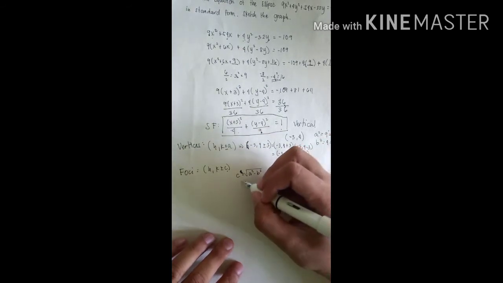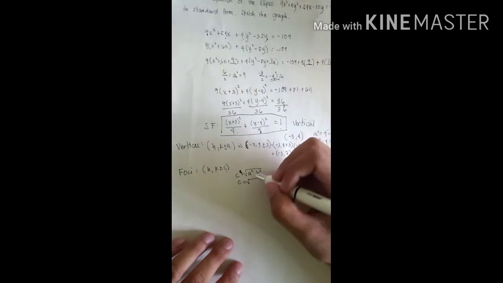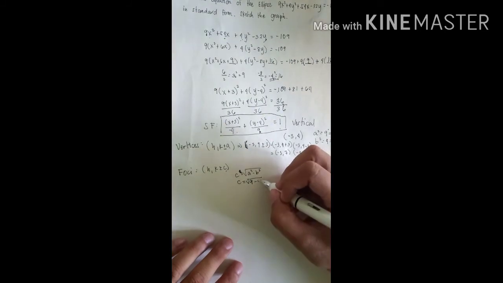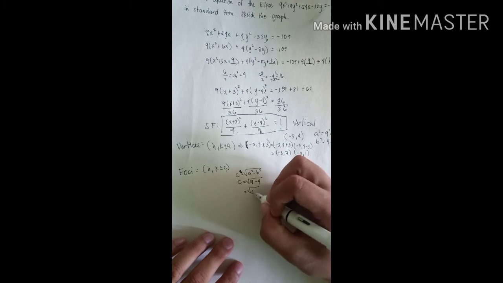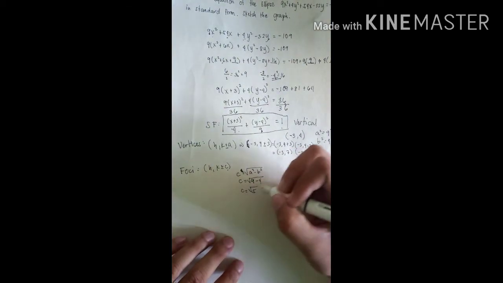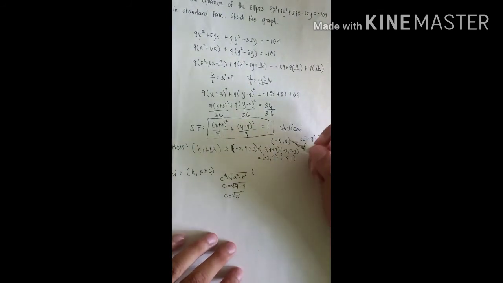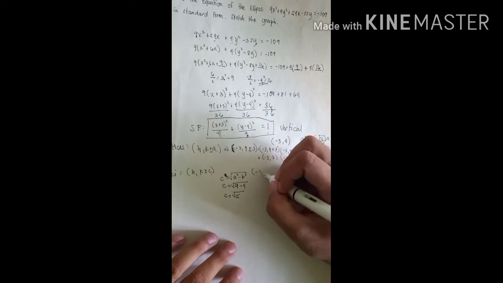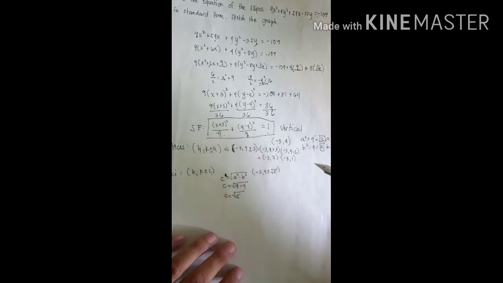So that is equal to square root of our a squared is 9 minus 4. That is equal to square root of 5. Next, so since we have C, negative 3, 4 plus minus square root of 5.